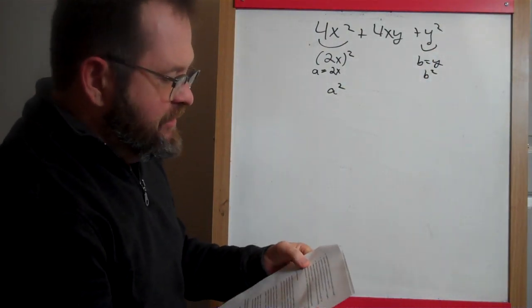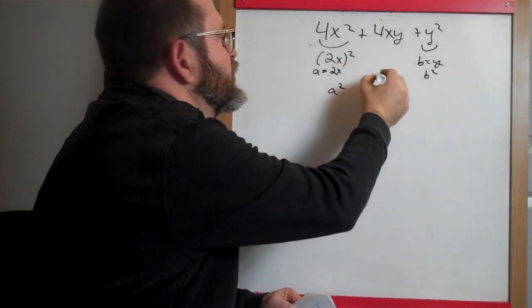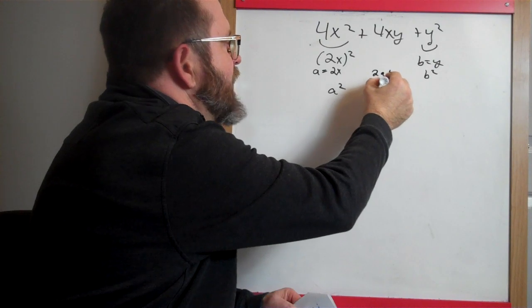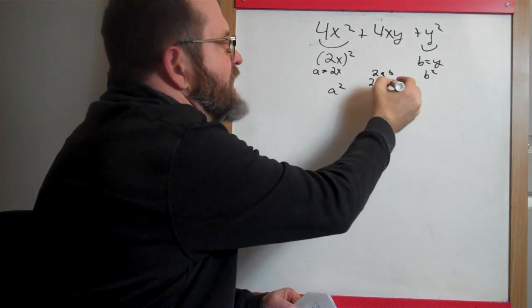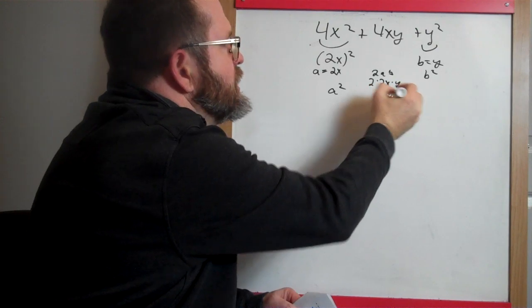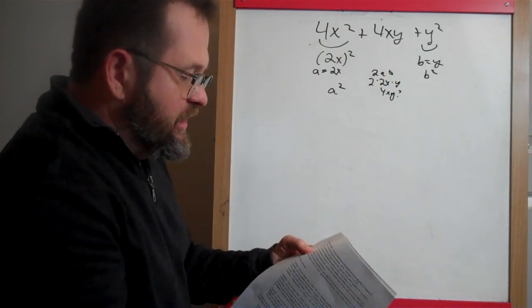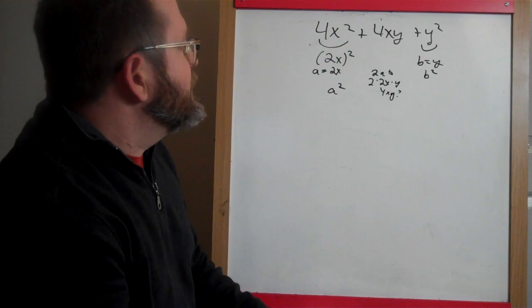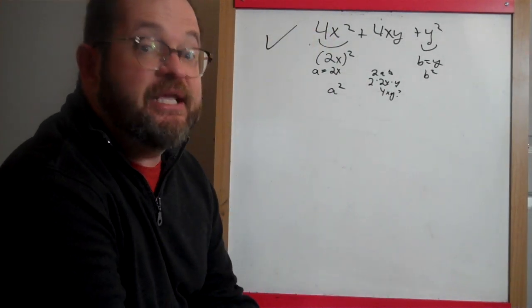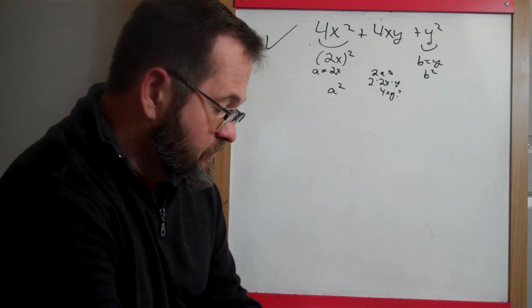Now that I have an a and a b, is that middle term 2ab? Is it 2 times a, which is 2x, times b, which is y? Is it 4xy? It is. Now, it could be plus or minus, and we'll get to that in a second. But we have passed all of the tests at the top of the page, so this is factorable as a perfect square.